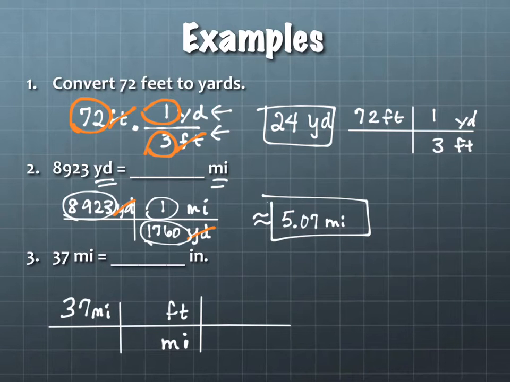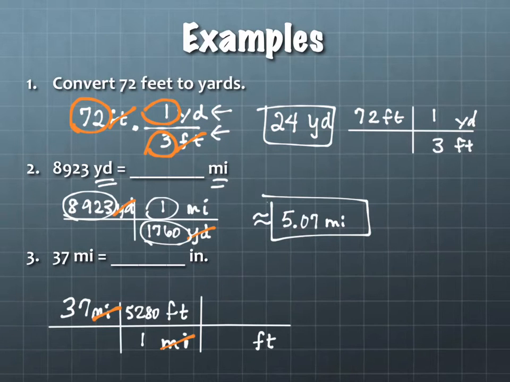So what number goes where? Right. The 5,280 is on the top, and what will go on the bottom? A 1. Now, I'm not going to finish anything at this point. I'm going to keep going because this will actually cancel my miles, but it doesn't get me all the way into inches. Now I need a ratio that will get me into inches. So right now feet is on top, and I need it to cancel, so feet has to go in the denominator.